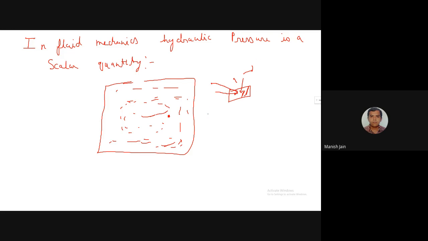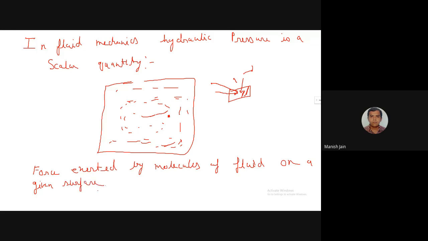So what is the definition of hydraulic pressure? The force exerted by molecules of fluid on a given surface.